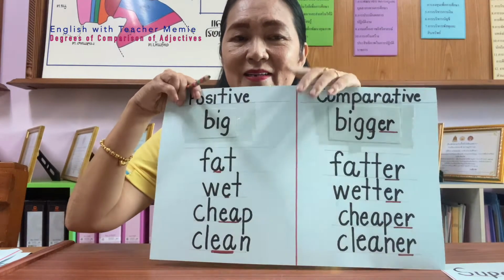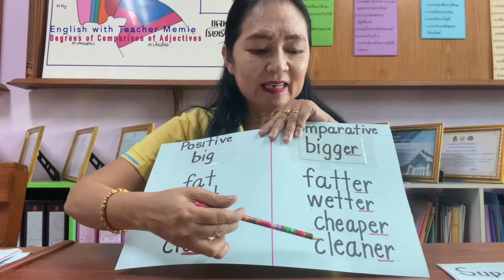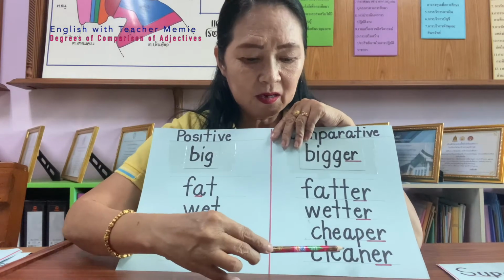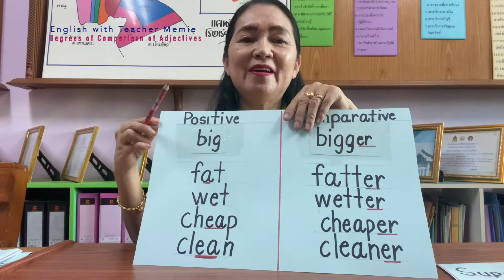And cleaner, the same explanation: don't double, only one N, and add ER.